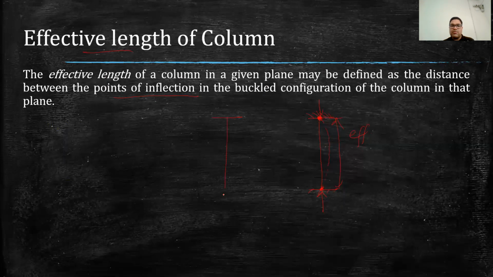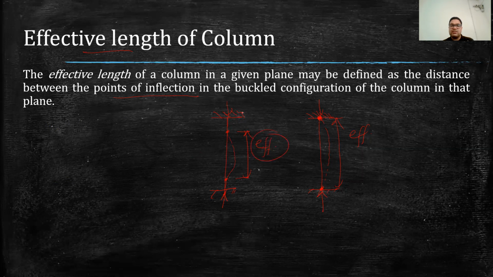Similarly, a column may be connected with some different end conditions also. And in that case, because of the load, it may start buckling from here and from here. So curvature is starting at this point and ending at this point. So in that case, this may be the effective length.